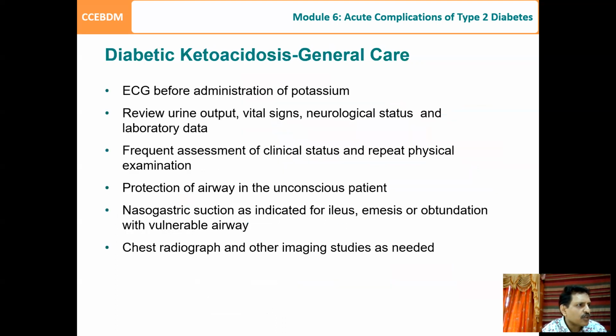Now, looking into the general care: ECG before administration of the potassium, but usually we check the serum potassium level.